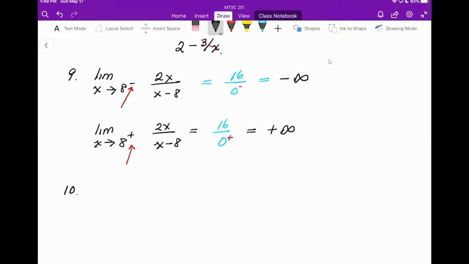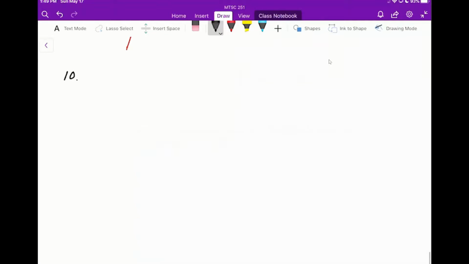Let's look at a limit that results in another indeterminate form. So we have the limit as x approaches infinity of the square root of x plus 9 minus the square root of x plus 4.